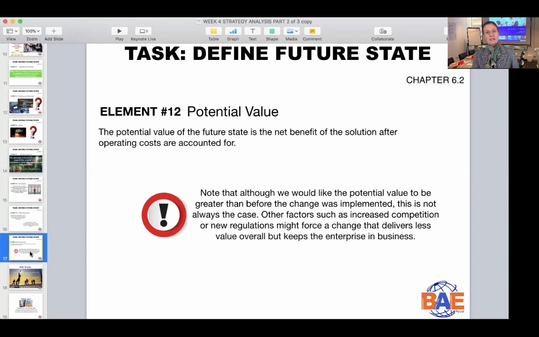So the organization as a whole may not have an increased value, but at least they're still in business. So it's important for you to understand these differences and that you can see how ideally we would always like to say we can increase value, but that it's not always going to be the case.